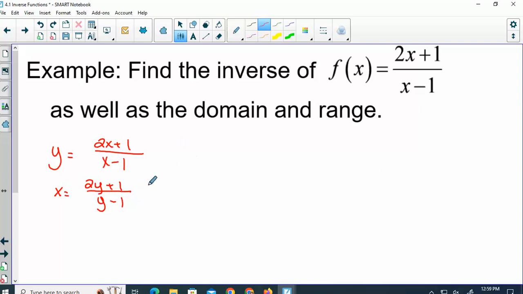So first, if I want to get rid of my fraction, I can multiply this y minus 1 over. Xy minus x equals 2y plus 1.